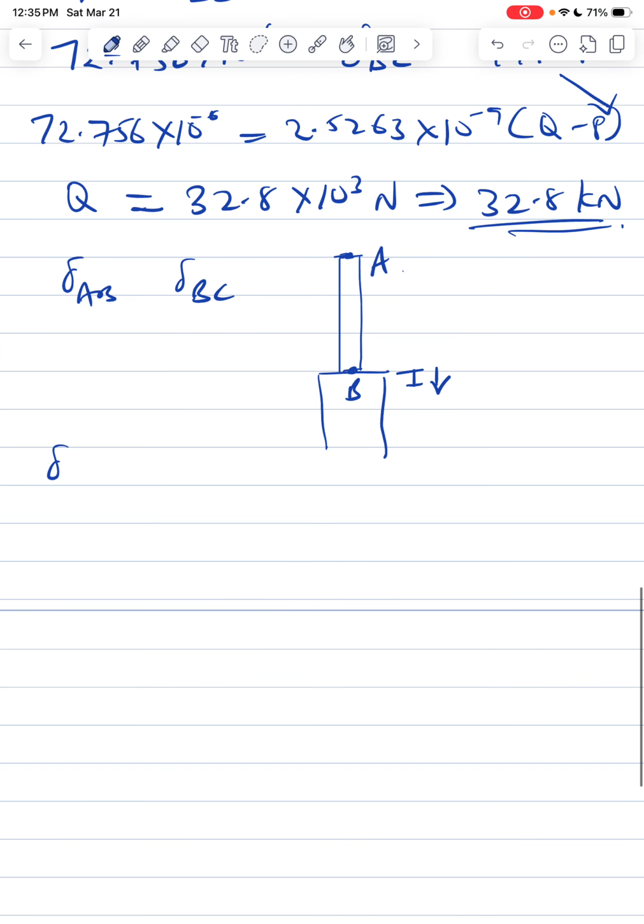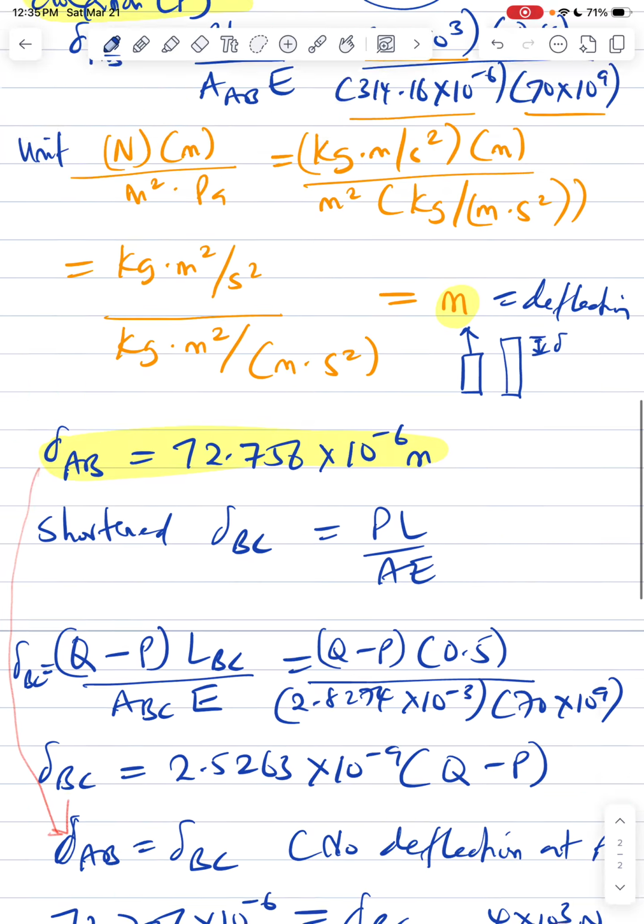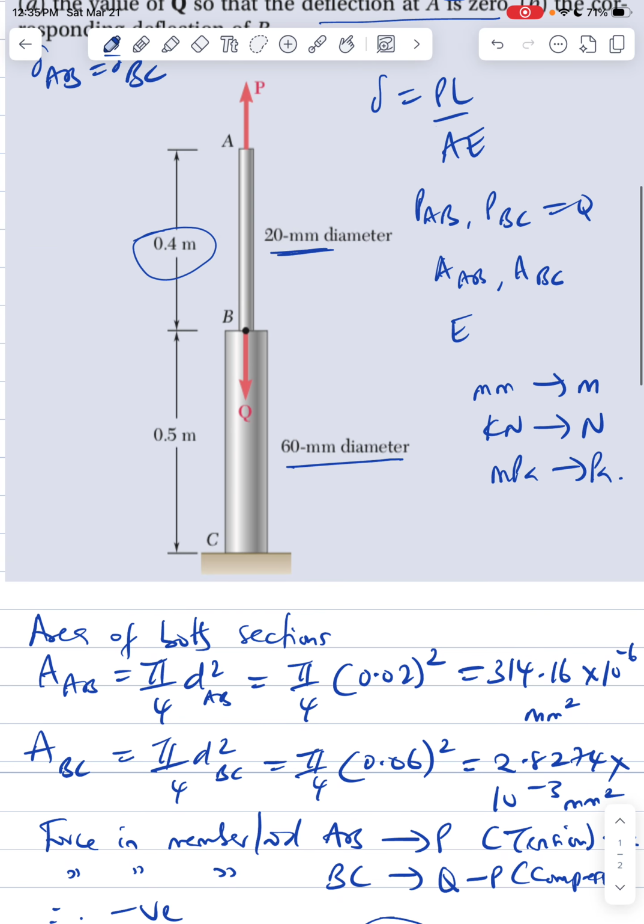But then we already know that delta AB equals delta BC. That's what we can get from the problem, right? Let's look at this again.